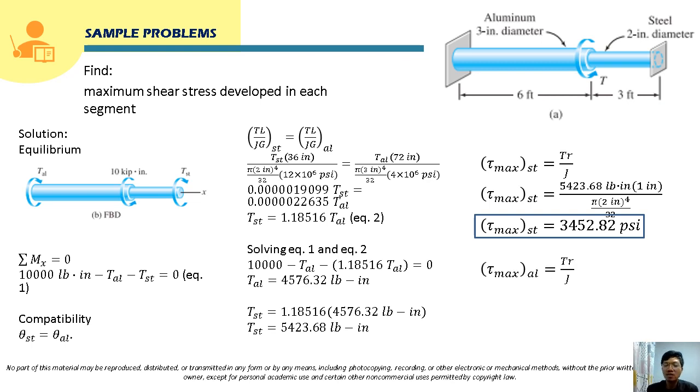Now for the maximum shear stress in the aluminum segment. This will have the same formula. So substituting the torque here, the internal torque for the aluminum is 4,576.32, which will be multiplied by the radius, which is 3 divided by 2, so that will be 1.5 inch, over its polar moment of inertia, pi times its diameter, which is 3 inches to the fourth over 32.